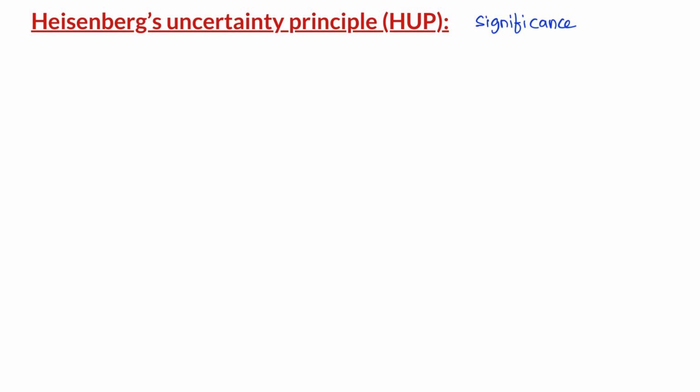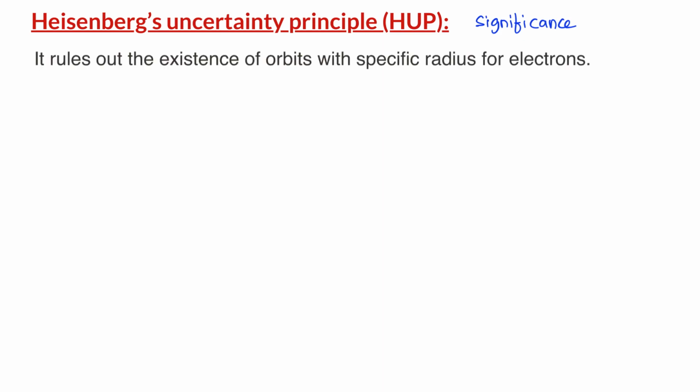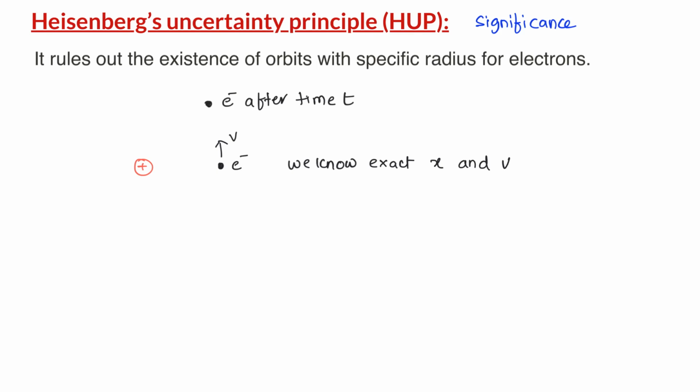One of the implications of Heisenberg's uncertainty principle is that it rules out the existence of orbits with specific radius for electrons. Let me explain why. If we know the exact position and velocity of the electron at any instant and all the forces that are acting on the electron at that instant, we can predict where the electron would be after some time t.